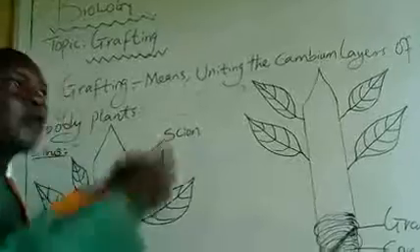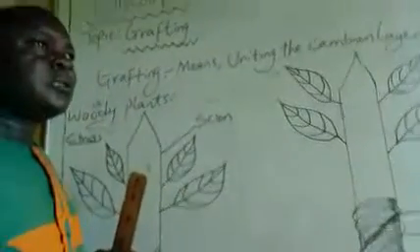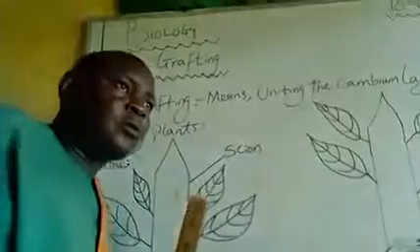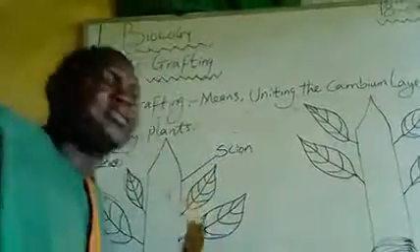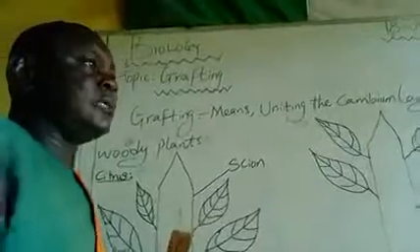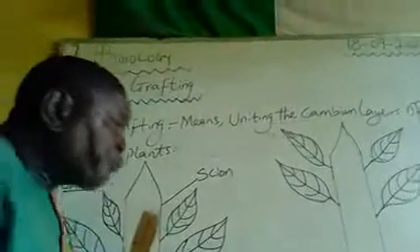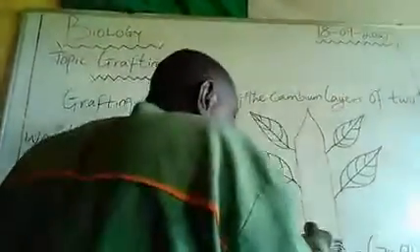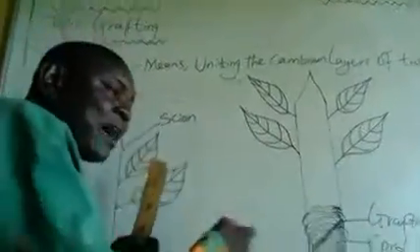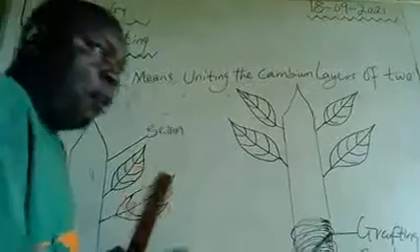This operation is carried out when the plants are up to 1 year or 2 years. Before you could carry an operation like this, plants must have attained the age of 1 or 2 years or more.